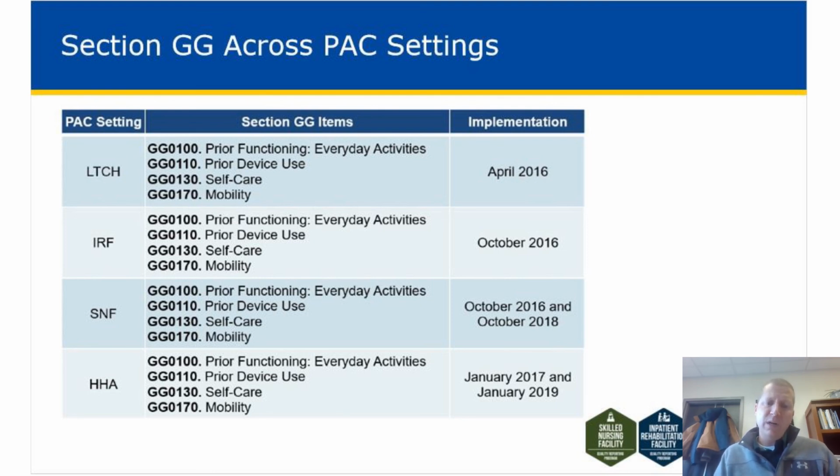That doesn't mean we wouldn't contribute to mobility. That doesn't mean we wouldn't gather or understand more about our clients' prior functioning and prior device use as well. That all comes into play with how we assess self-care as well. So again, that's where we're going to focus. And you can see, looking at being updated and fully implemented January 2019 in home health agencies, the importance of understanding this particular tool.